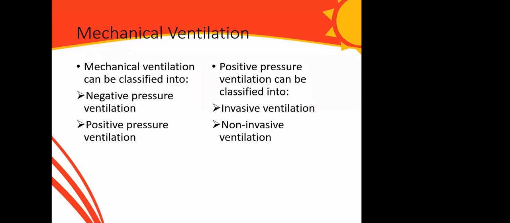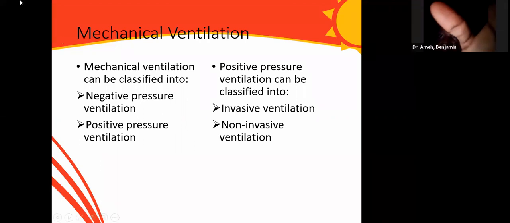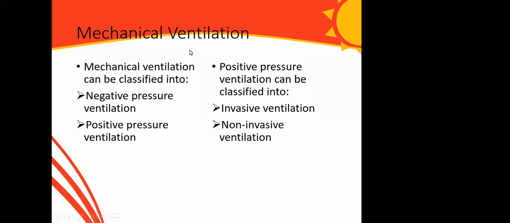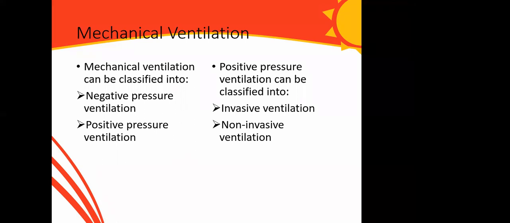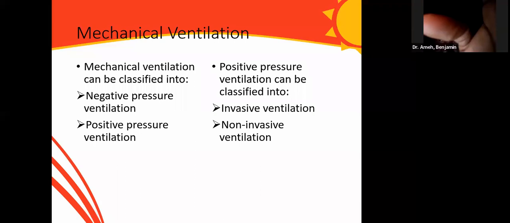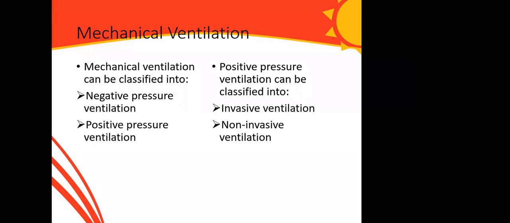And positive pressure ventilation can also be classified into invasive or non-invasive. Invasive ventilation has to do with the use of an endotracheal tube or tracheostomy tube. Non-invasive ventilation occurs when you do not have an endotracheal tube or tracheostomy tube in situ.